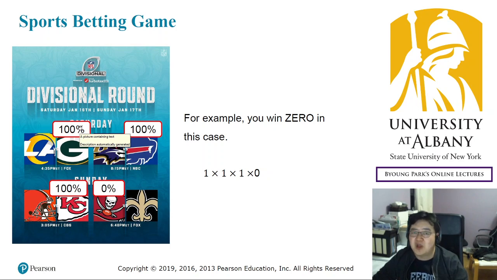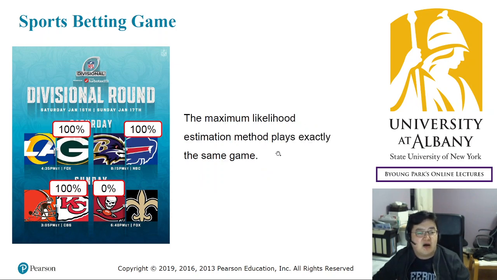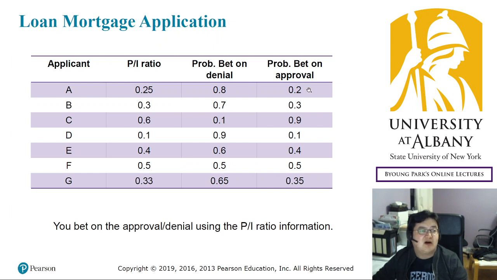That is what we are going to estimate. The maximum likelihood estimation method plays exactly the same game. You will see why I said this. So let's come back to the mortgage application example.